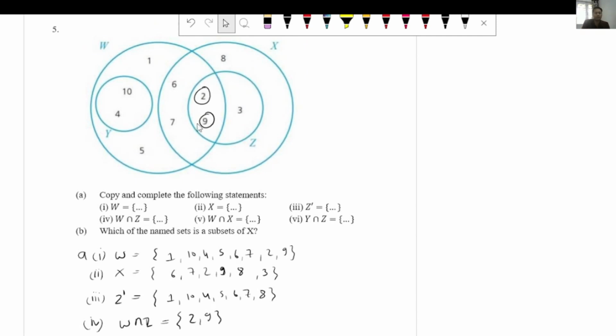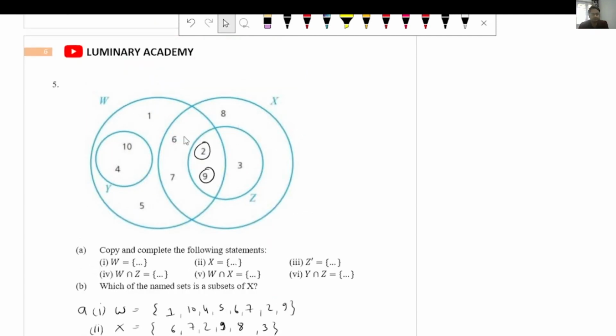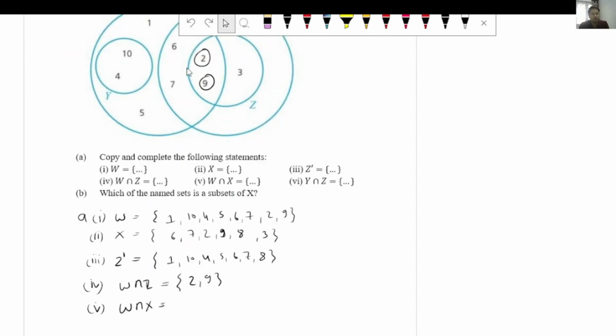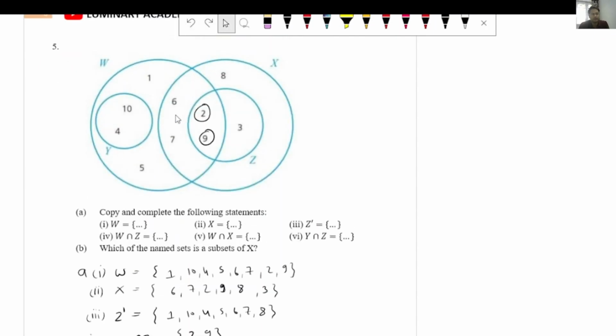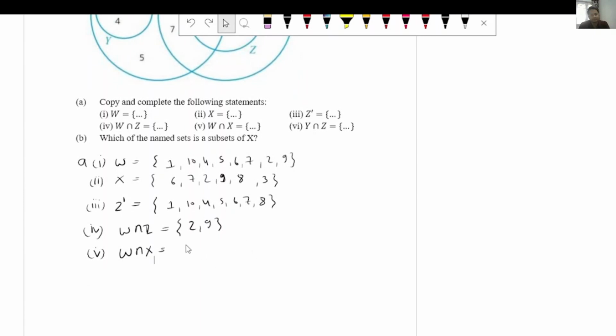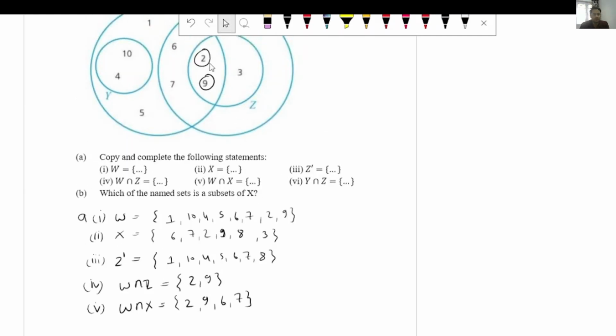So what is the common part between W and x? The common part includes 6 and 7 also. So we'll include the four numbers: 2, 9, 6 and 7. So we'll write directly 2, 9, 6 and 7 as your answer, right?